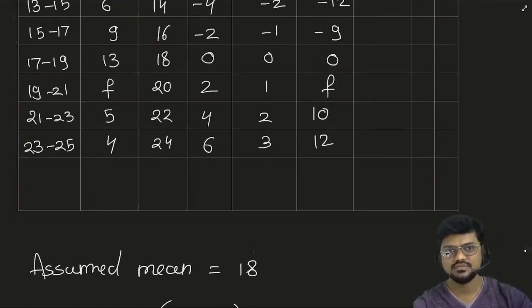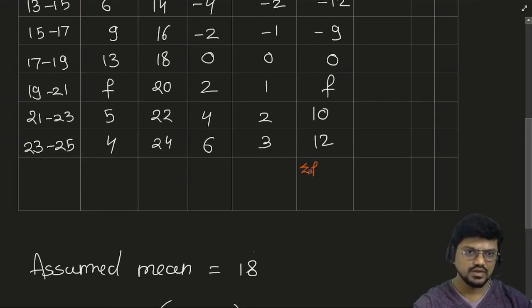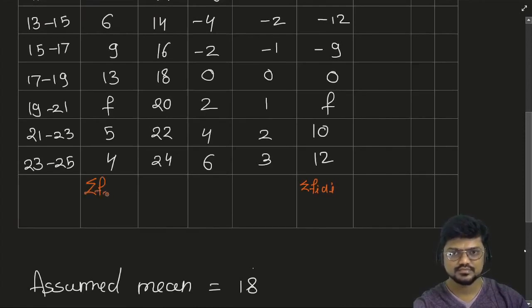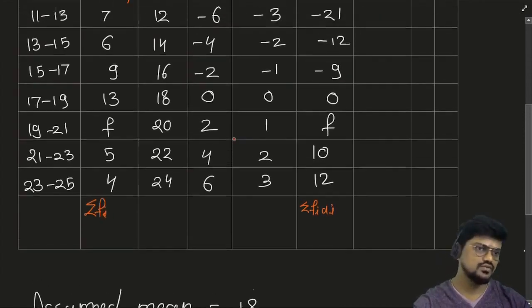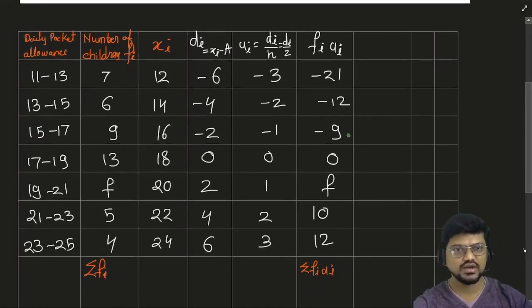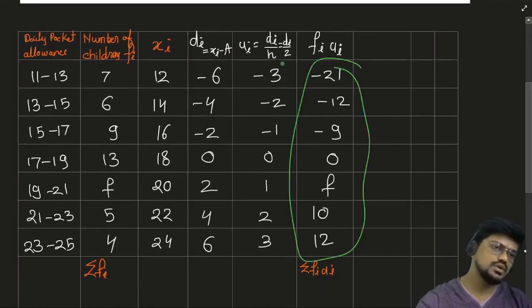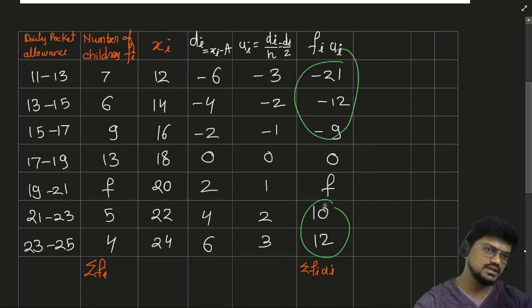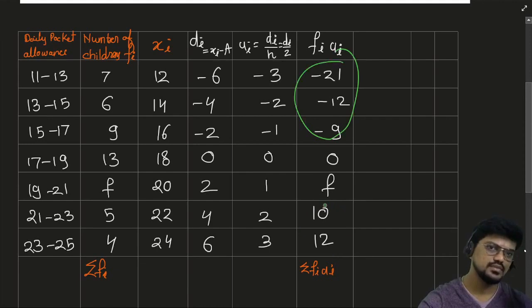We'll write the summation of fi into ui, and over here the summation of f also. We'll have to find summation of fi into ui and summation of f both. So if I want to find the summation of this, how will you do it? Take all the negative values, take all the positive values, add them and then subtract or add whatever is there, right?